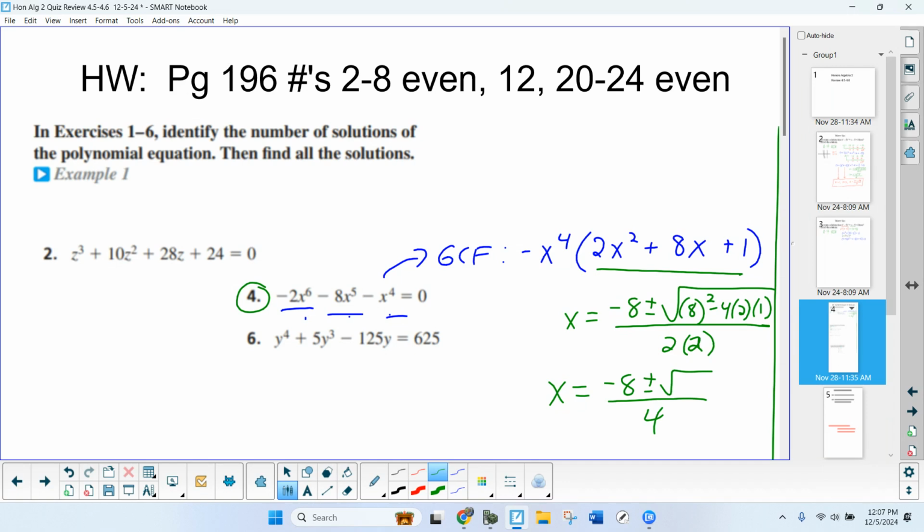That's 64 minus 8. Did you guys get 56? Did I do that right? Yeah. Okay. So now that we got 56 there, what'd you do next? What does 56 break up into? 4 and 14. So if you think about the square root of 56, it breaks up into 4 and 14. So that's 2 square root of 14.